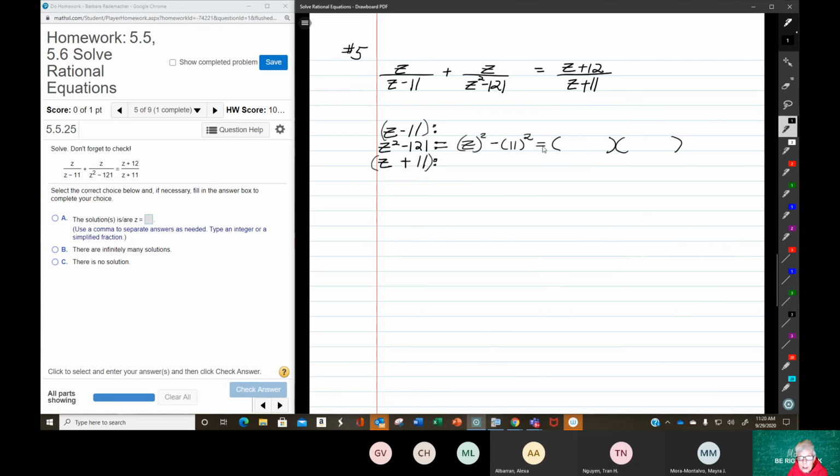The square root of z squared is z, so z and z, and the square root of 121 is 11, so you take the 11 and the 11, and then you put a plus here and a minus here, and that is the factorization of z squared minus 121.